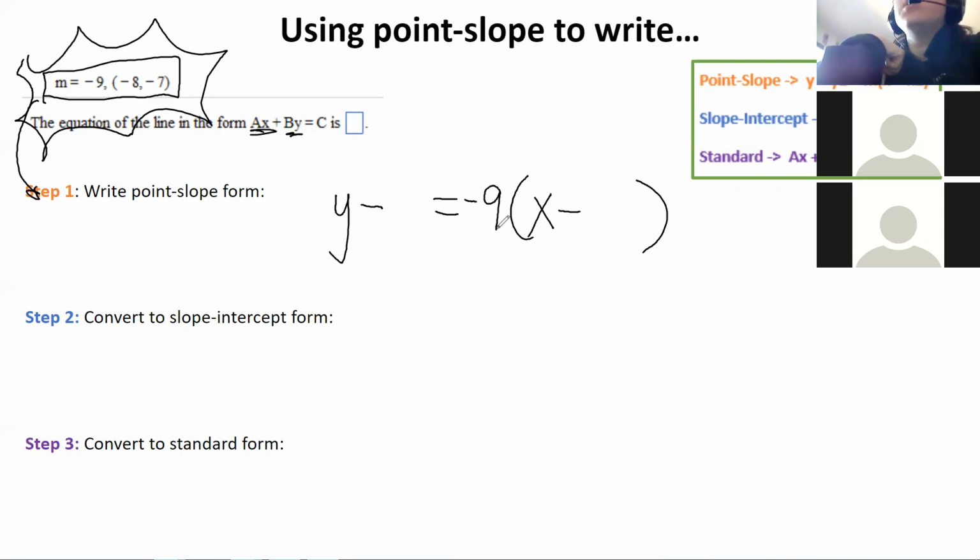Good. Okay. Now, which is the y? So this was my slope, so that's gone. So which one of those is my y? The negative 8 or the negative 7? Come on, guys, this is our last example, and then we are home free, all done.